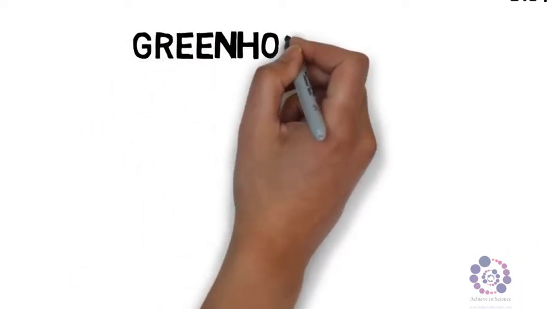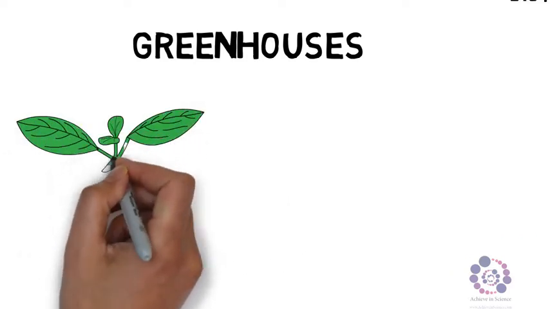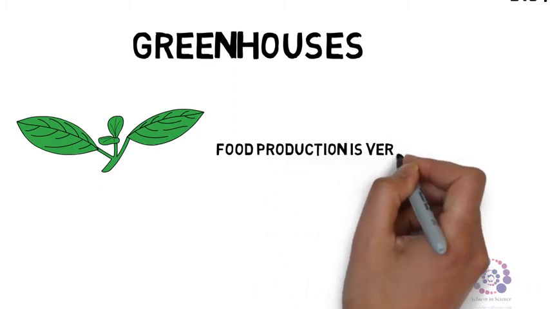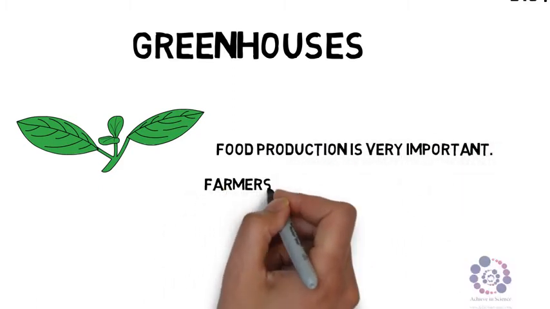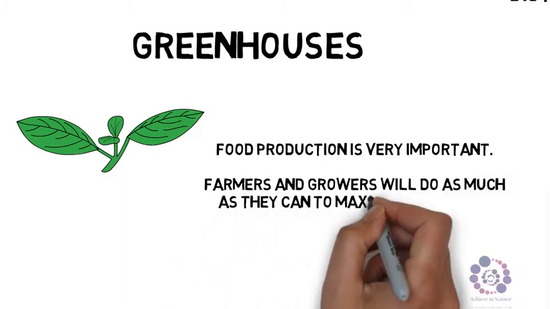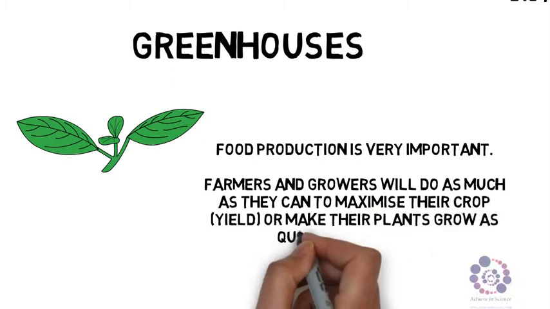Now where is all this important? Well, this is all important within greenhouses, because within greenhouses we grow plants, mainly for food production. For food production, it's really important to know about limiting factors, as farmers and growers will do as much as they can to maximise as much crop, as much yield as they possibly can, and as quickly as possible.